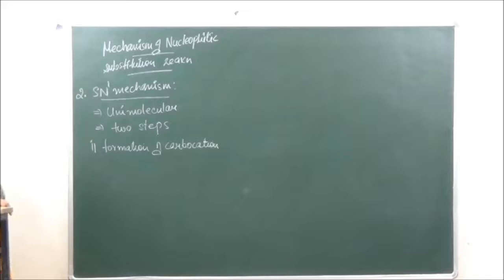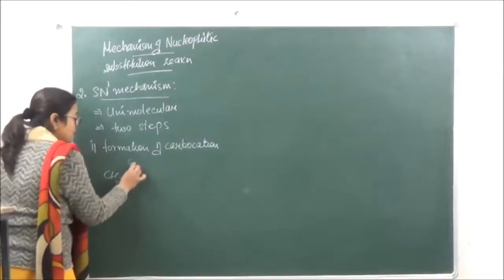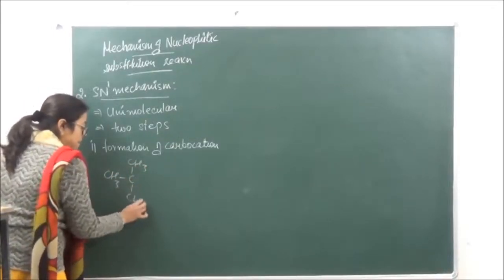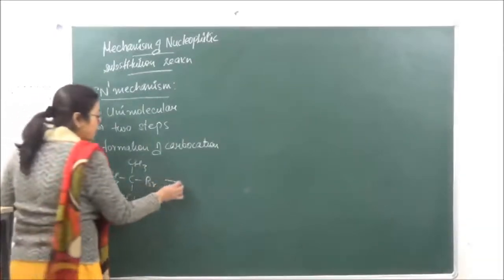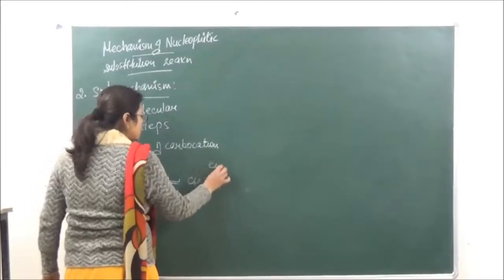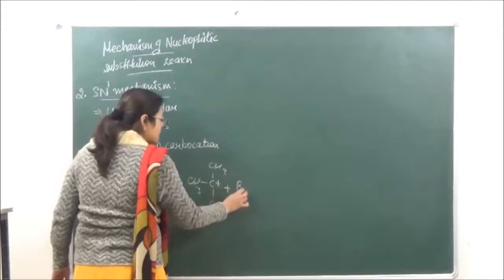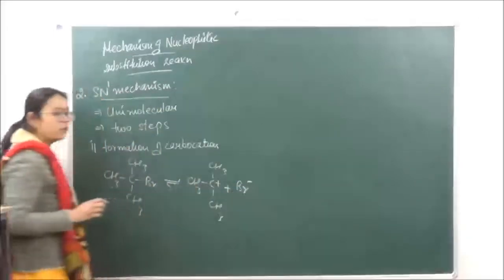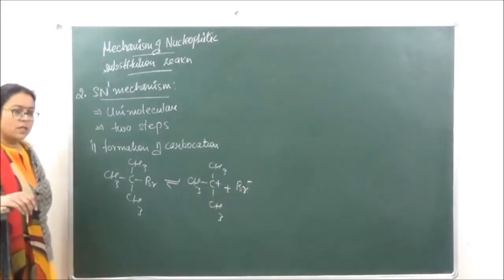So the carbocation formation, for example if we are taking CH3, CH3, Br. So this is going to dissociate into CH3, CH3 positive plus Br negative. This is going to be the carbocation which is present. Carbocation always has a positive charge, right?